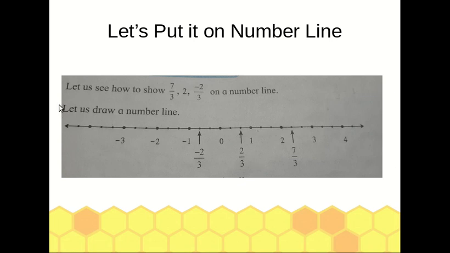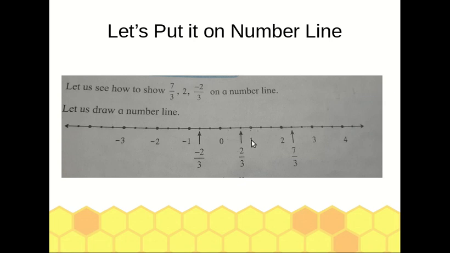Now, for example, there are the numbers 7 upon 3 and -2 upon 3. We want to show these numbers on the number line. First, there is 7 upon 3. At the denominator there is 3, which means we have to make 3 equal parts of one group.